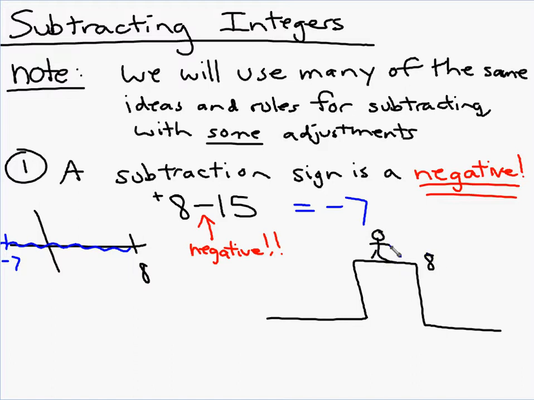You're up on an 8-foot hill, and you dig down 15 feet. If I dig down 15 feet, I'm going to go past 0, and I'm going to be at negative 7. So this does make sense. A subtraction sign is a negative. That is critical, that you drill that in your mind.